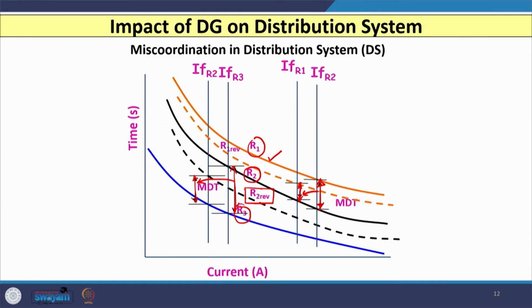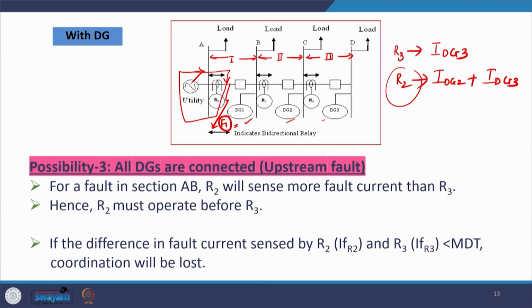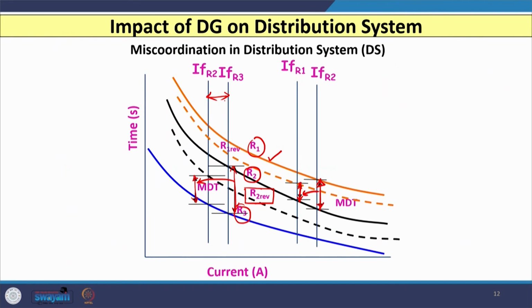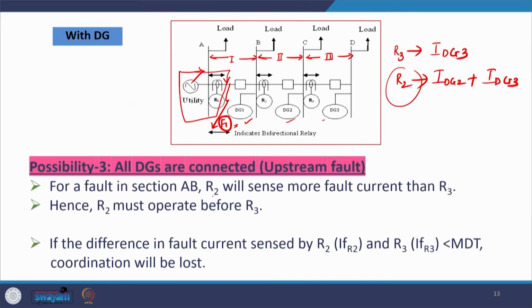When the difference of these two fault currents, let us say IF R2 and IF R3, is less than the minimum discrimination time margin, MDT, so this margin is reduced because of the placement of DG, and when this difference is less than MDT, then miscoordination of relays will definitely be there, and we cannot avoid that.